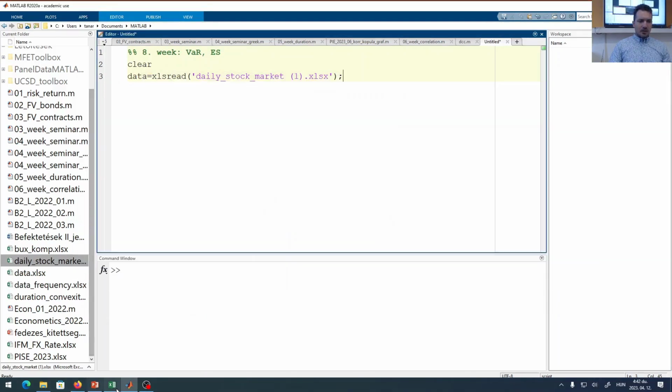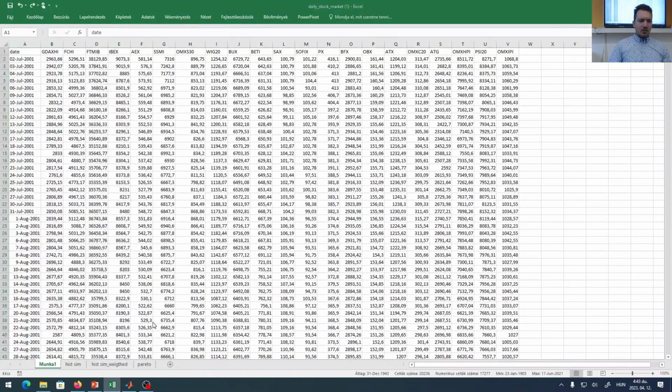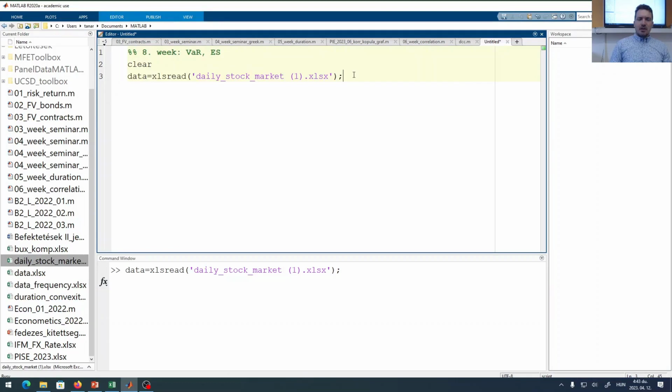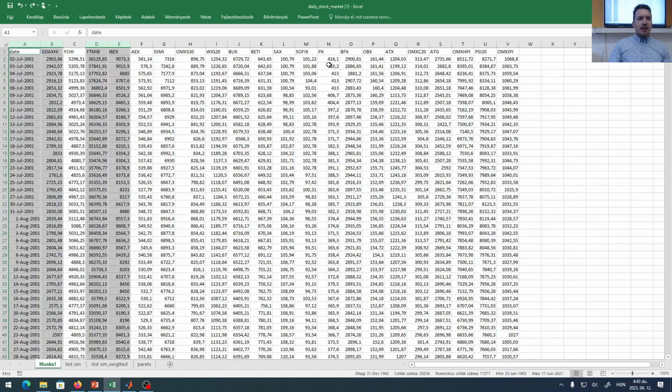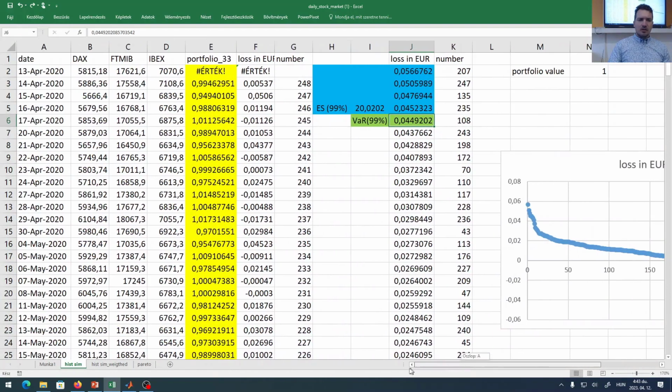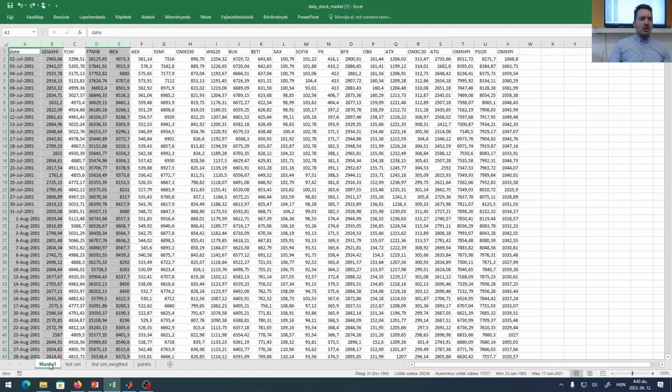It doesn't matter that we have further sheets because the first one is always preferred by MATLAB. And after that we just select: this is the DAX index, this is the Italian index, and this is the Spanish one. So 1, 3, 4.